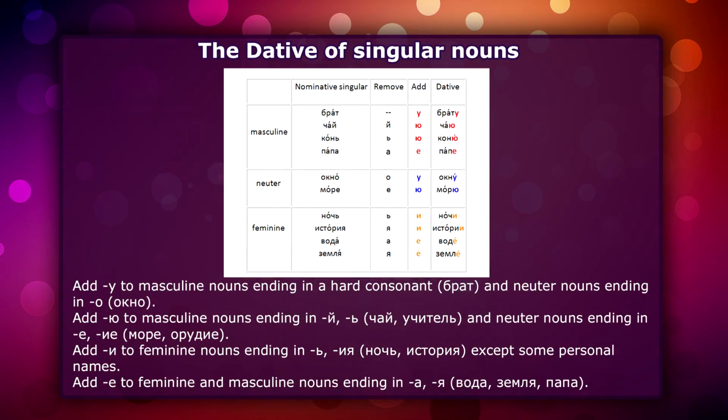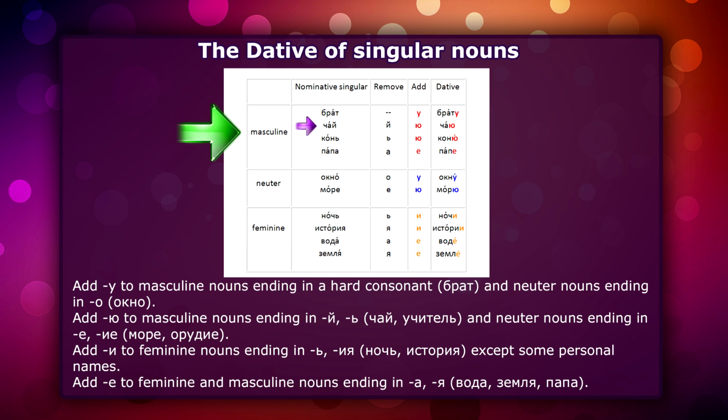Okay, now let's take a look at the forms. Now take a look at this table. As you can see, as for masculine nouns, in most cases we are supposed to remove the ending, except when there's no ending, like in the word брат. And we add the ending u when the masculine noun ends in nothing, no ending, then we add u, брат, брату.